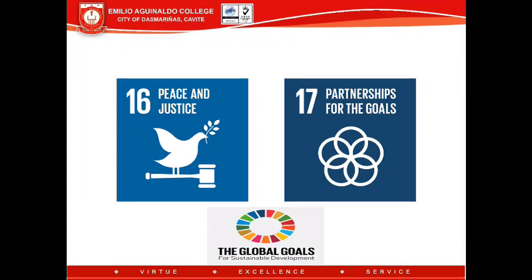So, what are the Sustainable Development Goals? The Sustainable Development Goals, or SDGs, also known as the Global Goals, were adopted by the United Nations in 2015 as a universal call to action to end poverty, protect the planet, and ensure that by the year 2030, all people enjoy peace and prosperity. The 17 SDGs are integrated in that they recognize that action in one area will affect outcomes in the others, and that development must balance social, economic, and environmental sustainability.